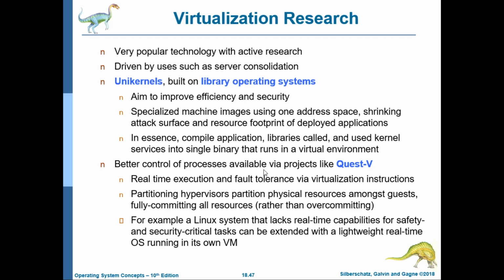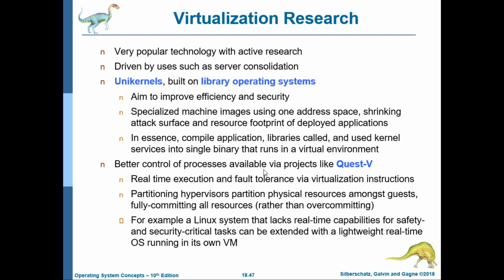The aim of unikernels is to improve efficiency and security. We have specialized machine images using one address space, shrinking the attack surface and resource footprint of deployed applications. In essence, it compiles the application, the libraries called, and the used kernel services into a single binary that runs in a virtual environment.